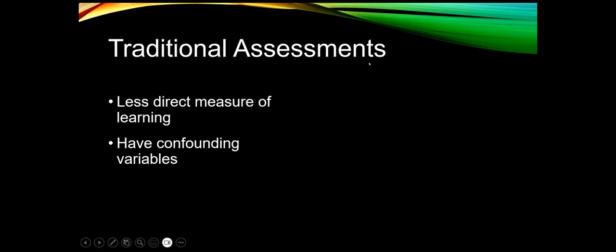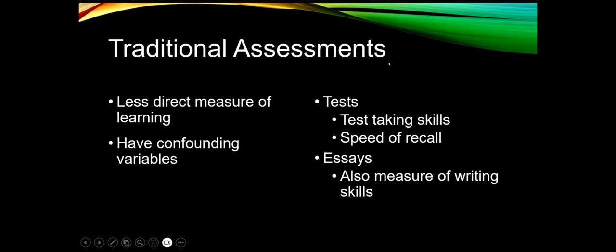For example, with tests, in addition to assessing what a student knows, we're also really assessing their test-taking skills and their speed of recall. The test-taking skill piece of it is particularly problematic because what I was noticing is students from higher socioeconomic areas went to high schools where they got those skills.